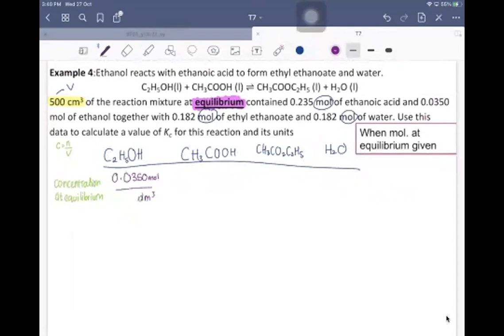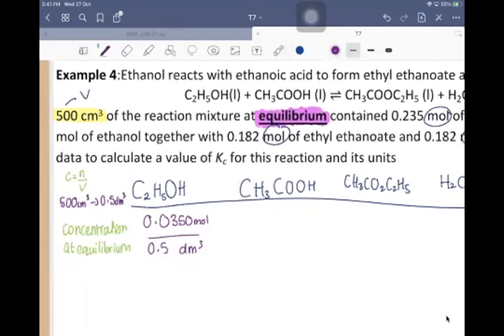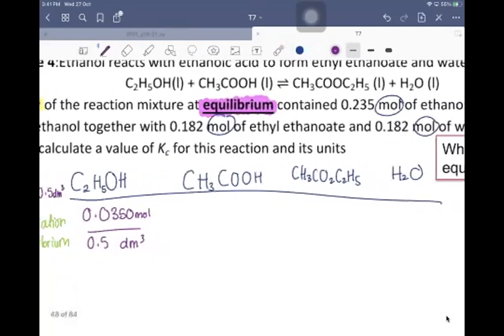Now notice that my volume is in centimeter cube. So that means I have to convert 500 centimeter cube into dm cube, divided by 1000. So that would give me 500 divided by 1000, 0.5 dm cube. So this applies for ethanoic acid as well.